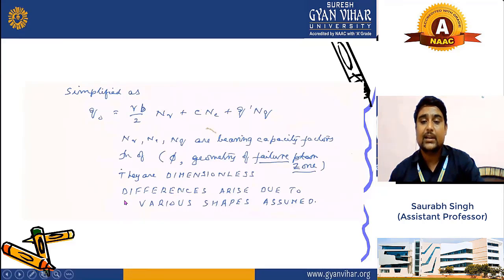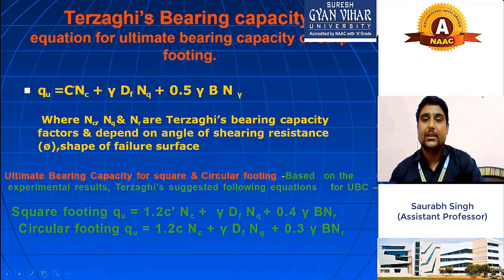Differences arise due to the various shapes assumed. This is a very important formula which you need to remember always, because with the help of this formula you can solve many questions related to bearing capacity of soil. Now, as I told you earlier, Terzaghi gave too much.